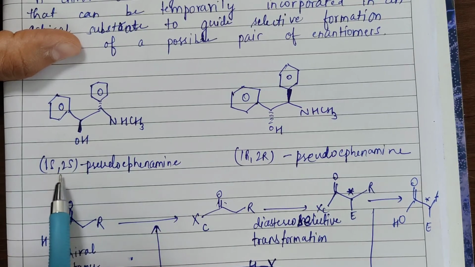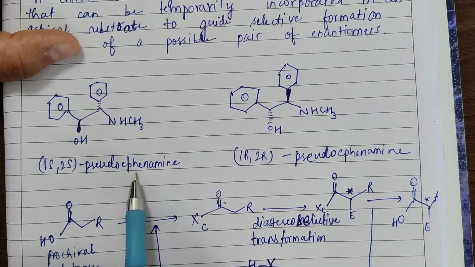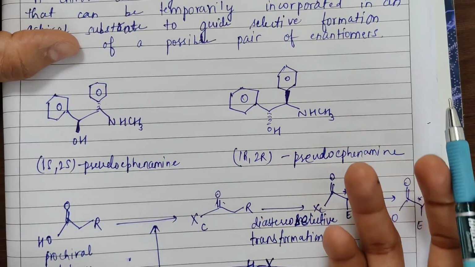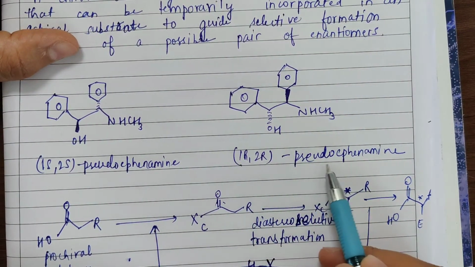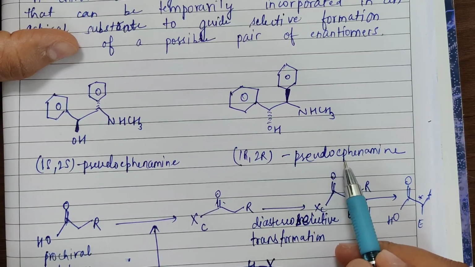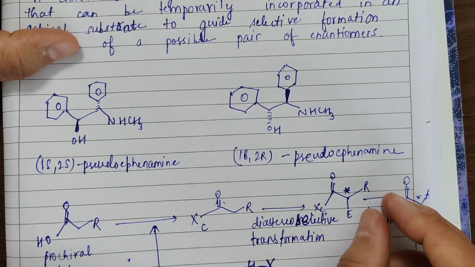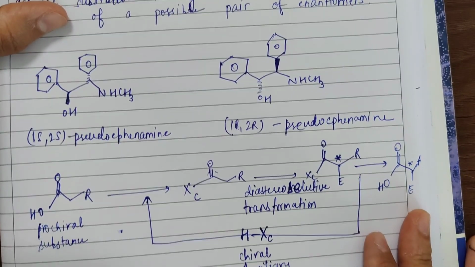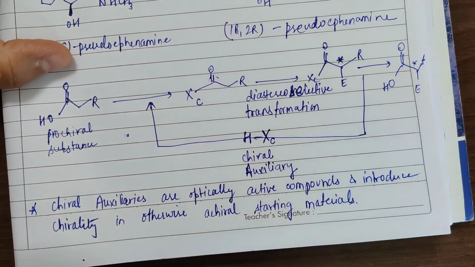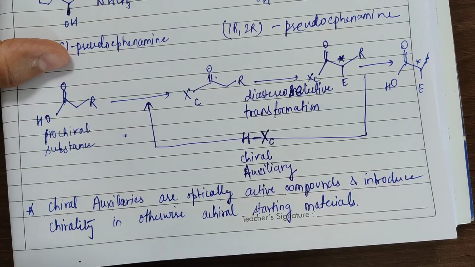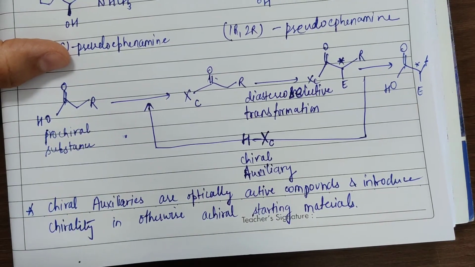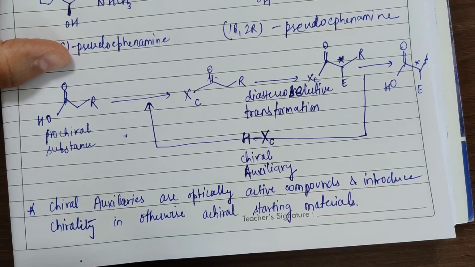This is 1S,2S pseudoephenamine, and the other analog is 1R,2R pseudoephenamine. So these two molecules can be used as chiral auxiliary compounds, and I have given a general process of the chiral auxiliary approach.